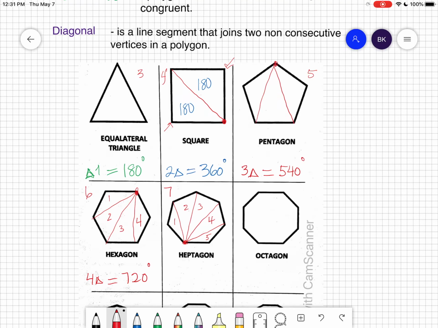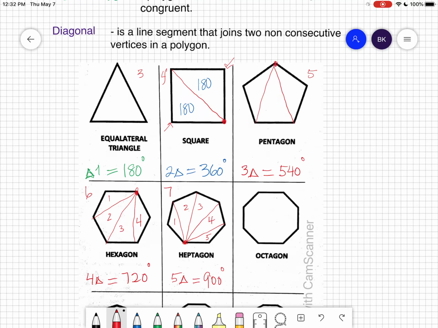I need you to start paying attention to the relationship between the number of sides and the number of triangles that each shape can be split into. So we have 5 triangles, and 180 times 5 will be 900 degrees.